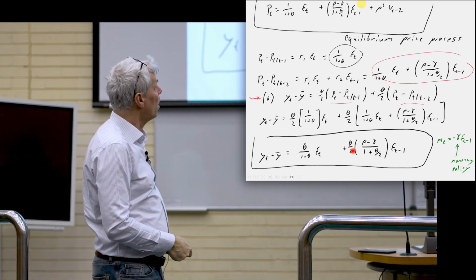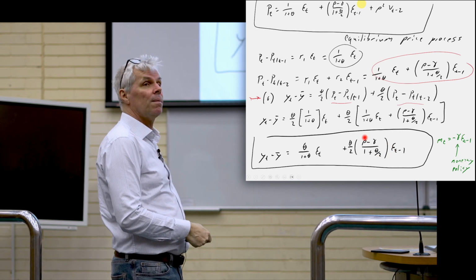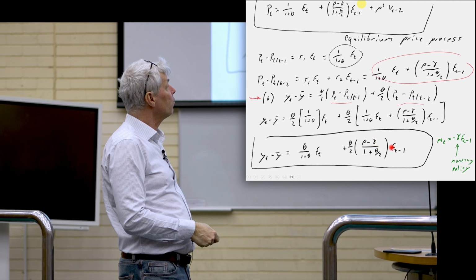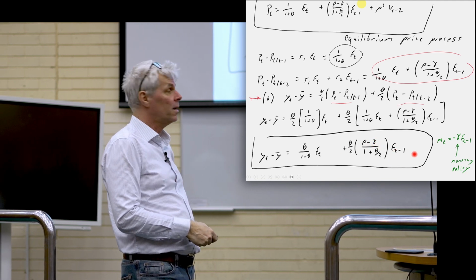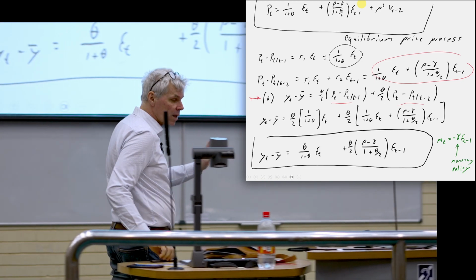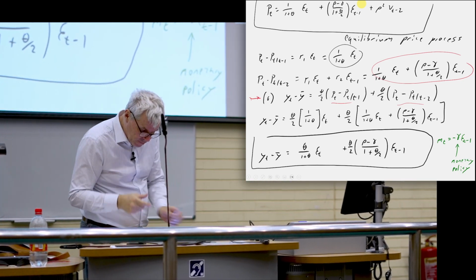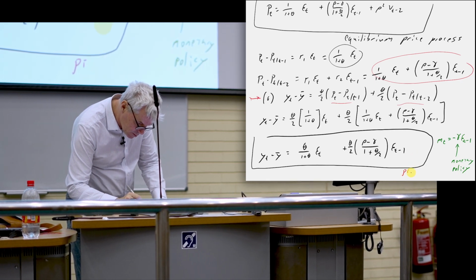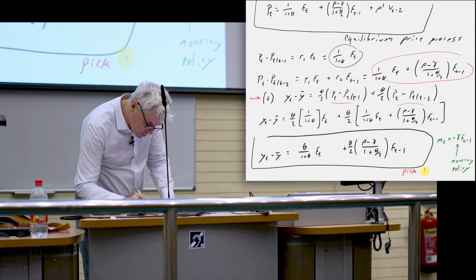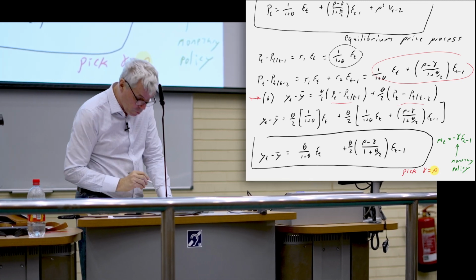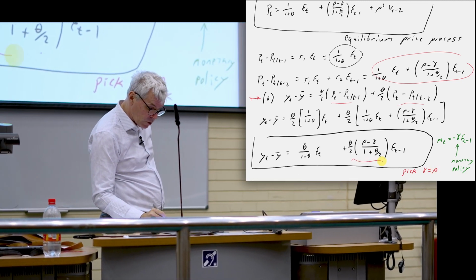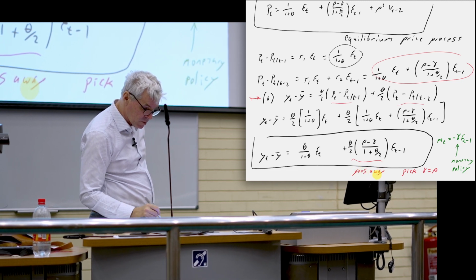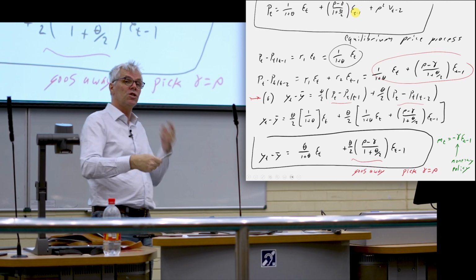But this part we can do something about, right? If we pick our gamma carefully, we could make this just go away. It's totally up to us what our goal is, but if we want, we could pick gamma equal to rho, in which case this whole bit goes away, and time t minus 1 shocks don't even happen.